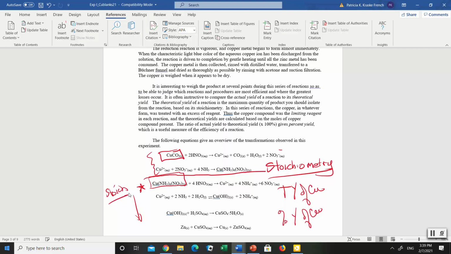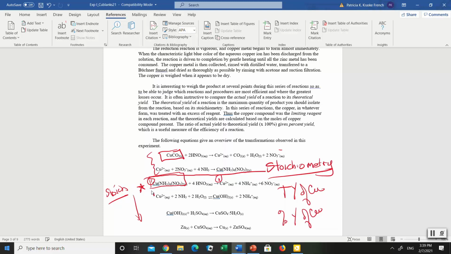And we're going to be talking about that in processing the data. But before we leave this, let's take a really quick look at what's happening with the copper at our stoichiometric or molar ratios. This compound, the copper tetramine compound, has a 1 as its stoichiometric coefficient, which is why we don't see it. This copper 2+ is also 1, so the first one is a 1-to-1 molar ratio.